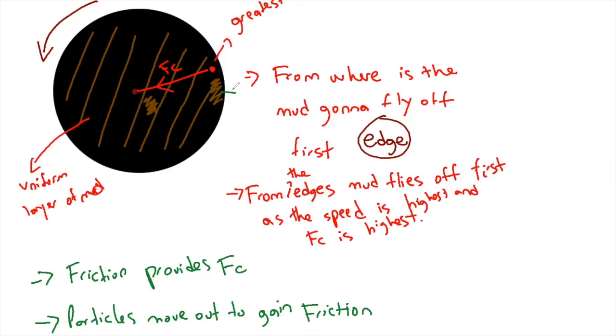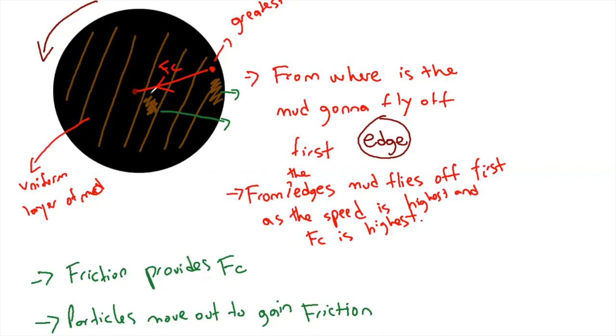So let's say this green line represents this. Now, isn't it obvious that the one on the edge is going to fly off first, and it has more centripetal force and greater velocity? Meanwhile, this has lesser centripetal force and lesser velocity. So obviously, it's going to take way longer for it to fall from here.